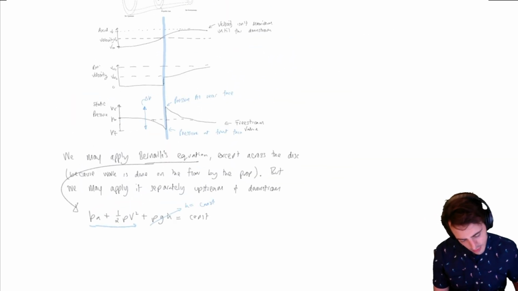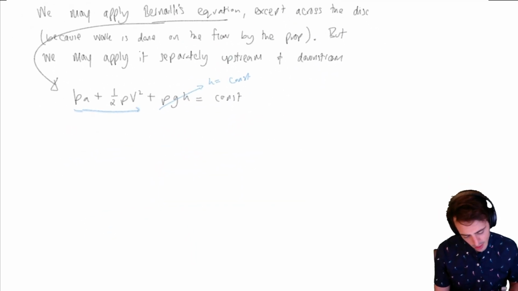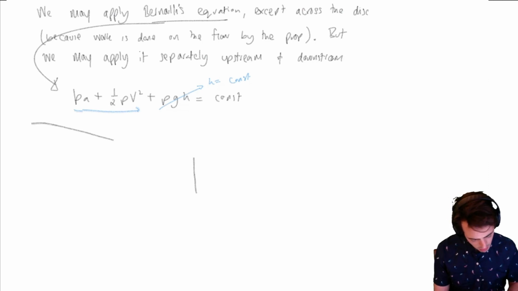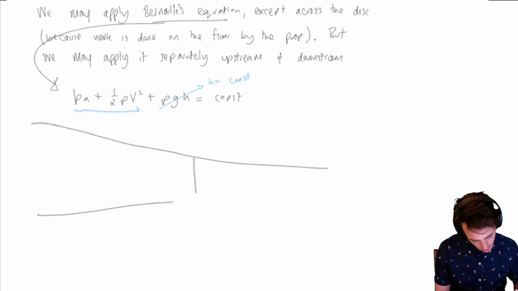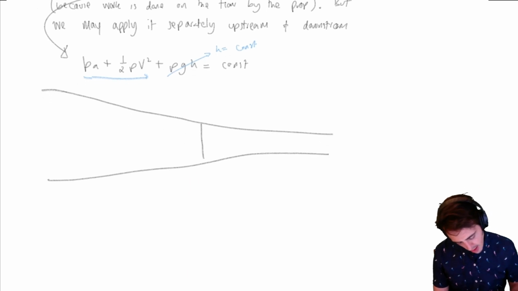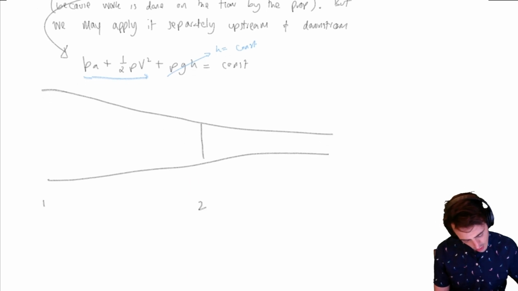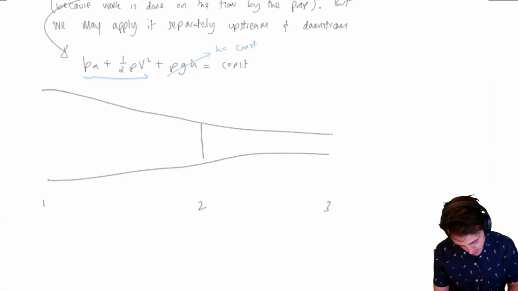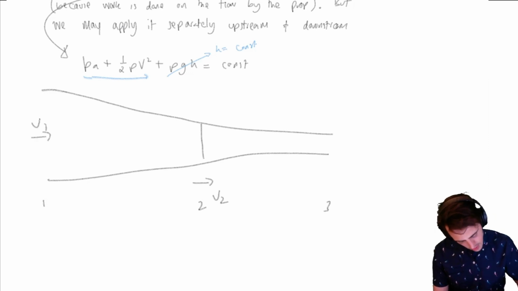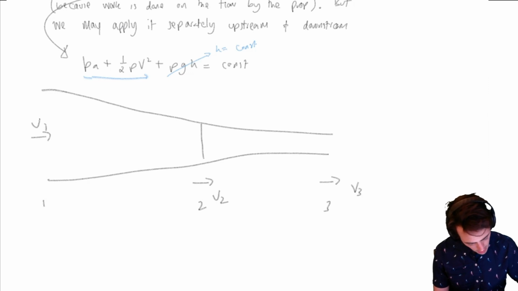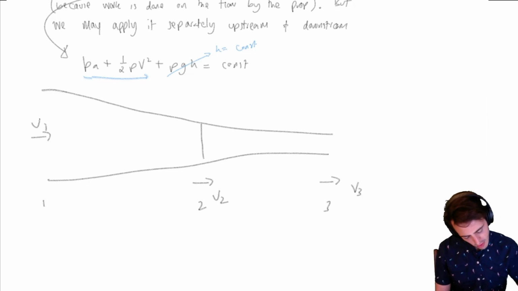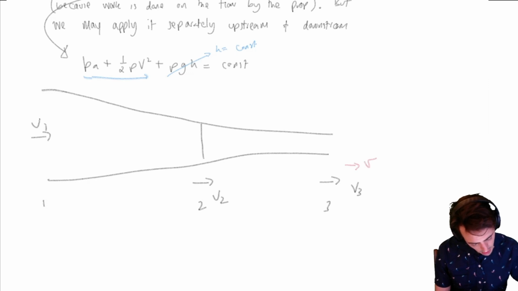Let's just copy this diagram again. Not a very good diagram. 1, 2, and 3 here. V1, V2, and V3. And I'm just going to draw a couple of extra things on here. I'm going to draw these velocity increments.